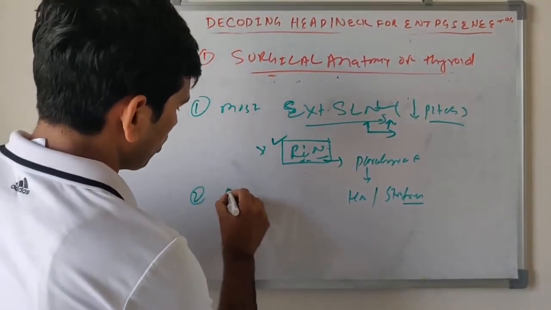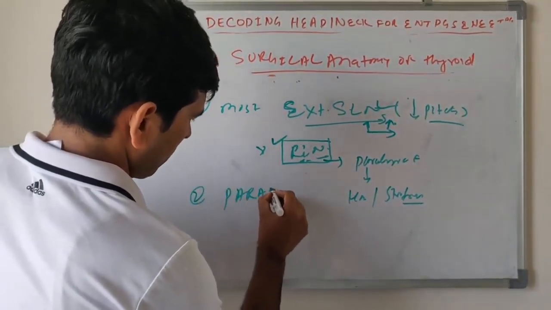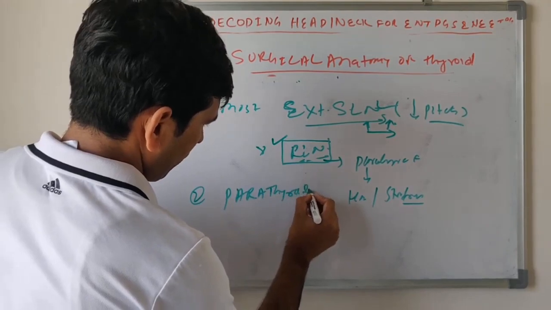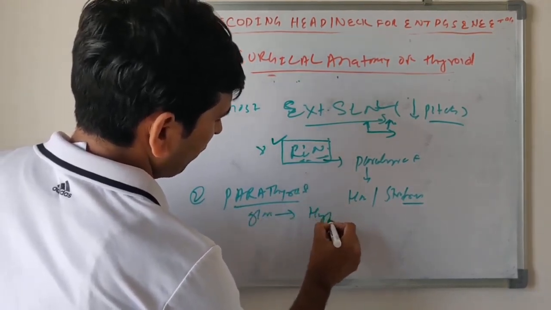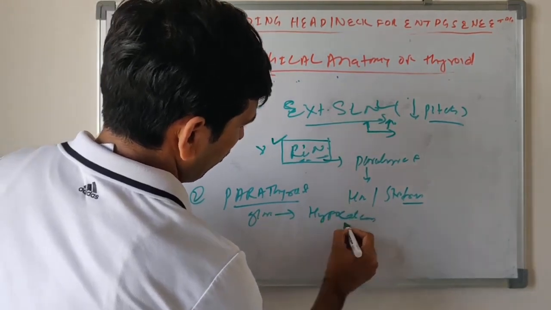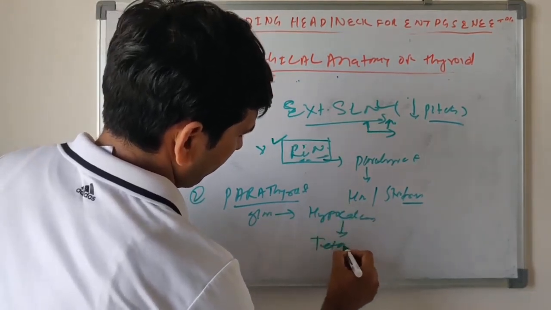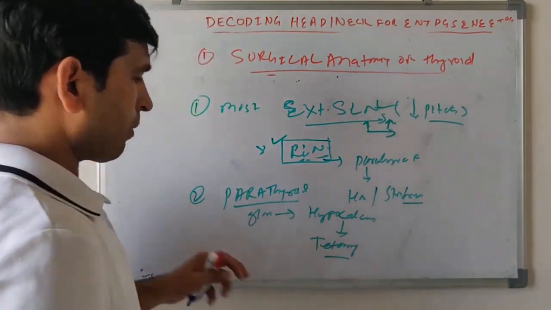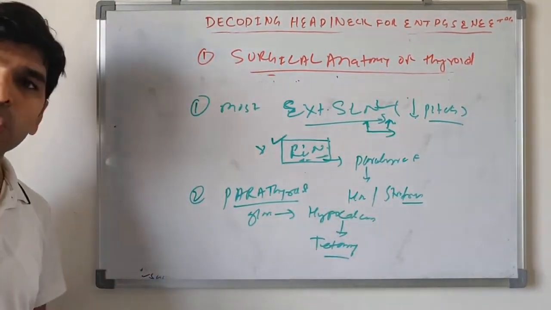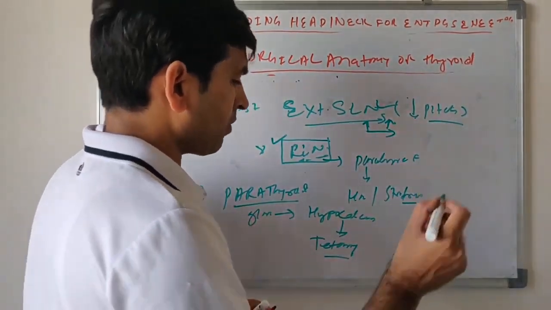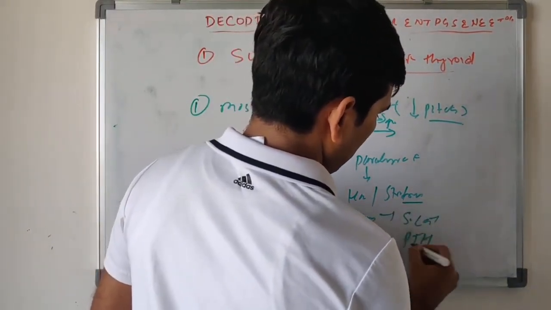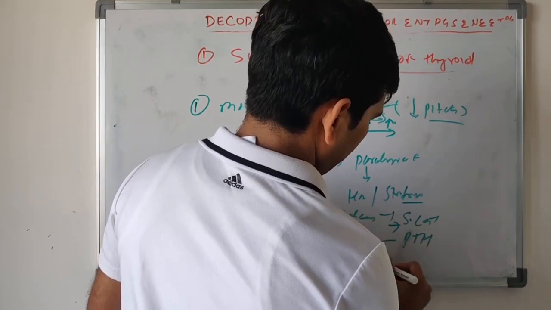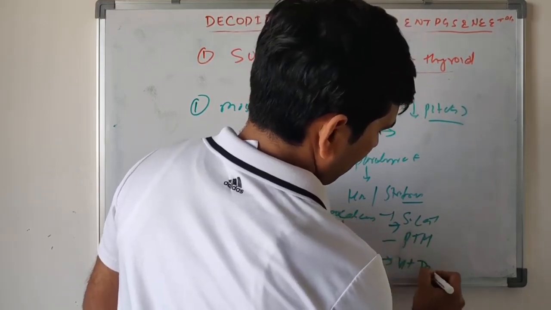The second most common injury is to the parathyroid. Parathyroid gland injury ultimately leads to hypocalcemia, which may lead to tetany. So pre-operatively, if we are doing total thyroidectomy, I personally recommend checking serum calcium level, PTH level, and vitamin D3 level.